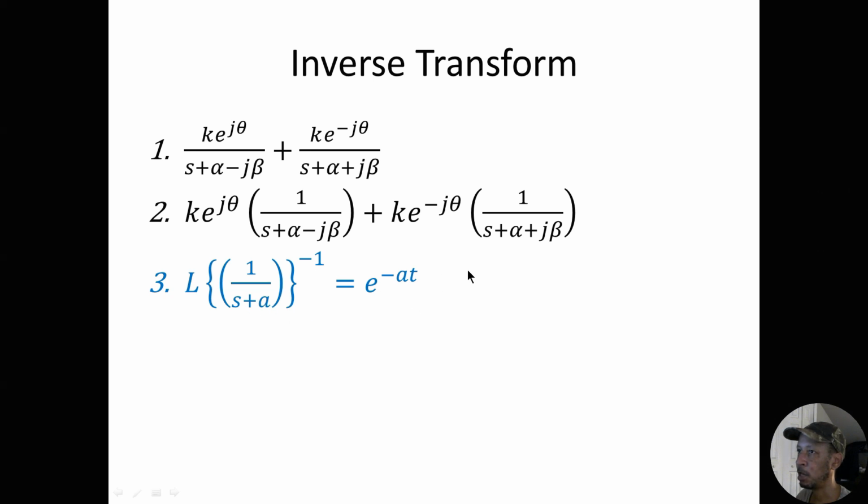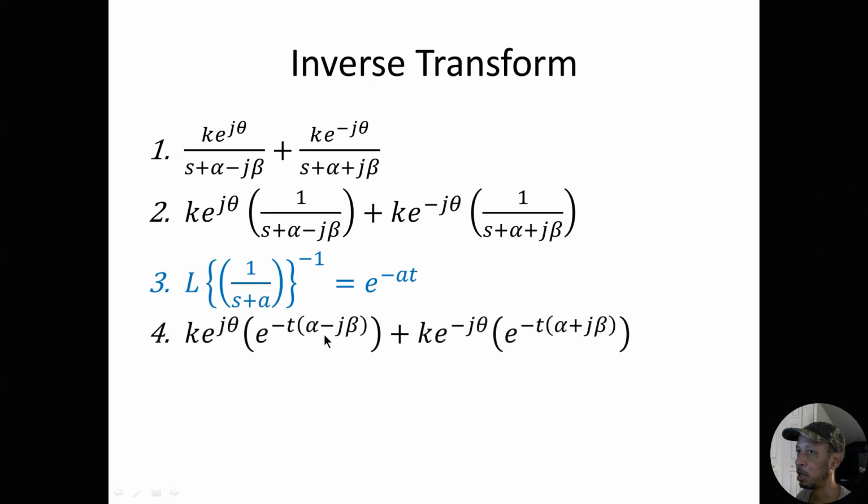Once you substitute, you get k times e to the j theta times e to the negative t times alpha minus j beta. That's where your a is at. And you're going to have this plus k e to the negative j theta times e to the negative t times alpha plus j beta.